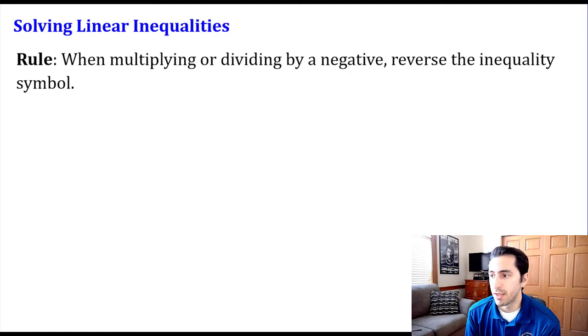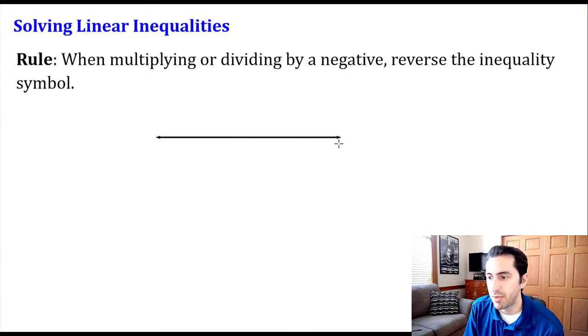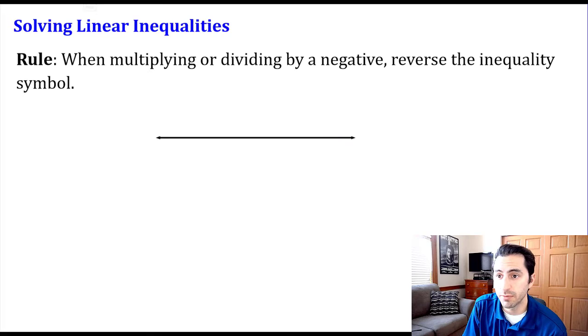symbol. So this is a rule that we have to use, but first I want to explain why we have to do this. So let's just think about a simple example, and we'll think about it on the number line. So why don't we consider the inequality, let's say 1 is less than 2, which we know to be true.